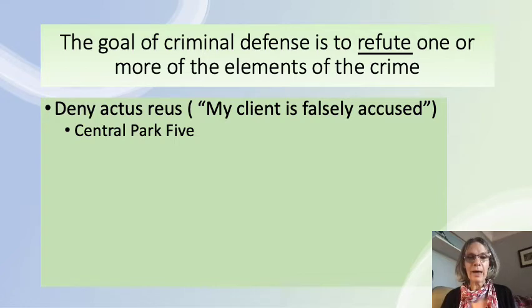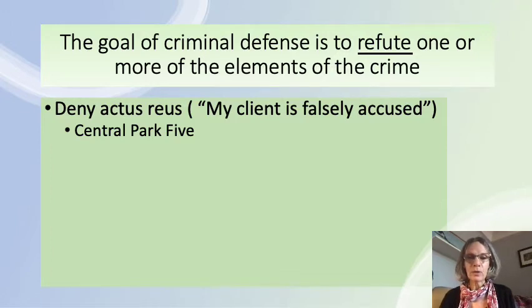The Central Park 5 is the case about a woman who was jogging through Central Park in the late 1980s. She was horribly assaulted and raped, and 5 African-American and Latino juveniles, younger boys, were accused of the crime.